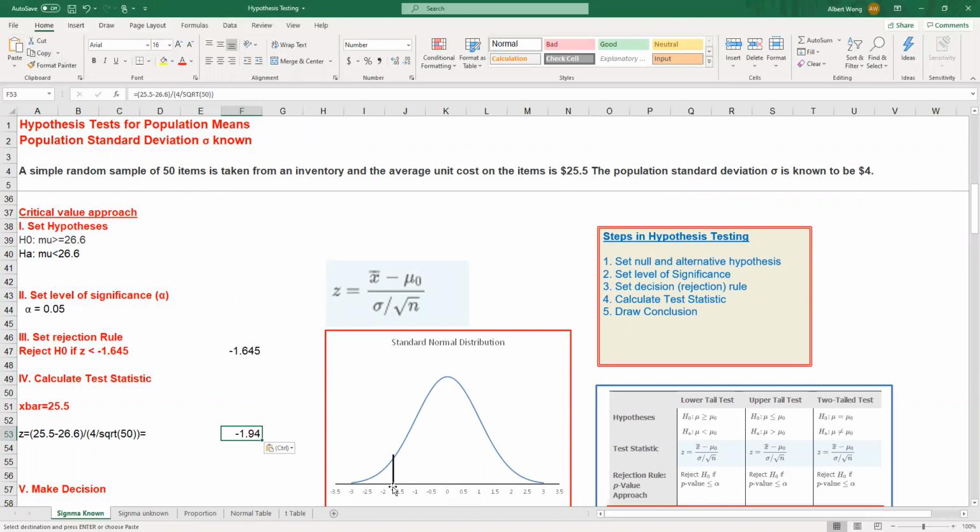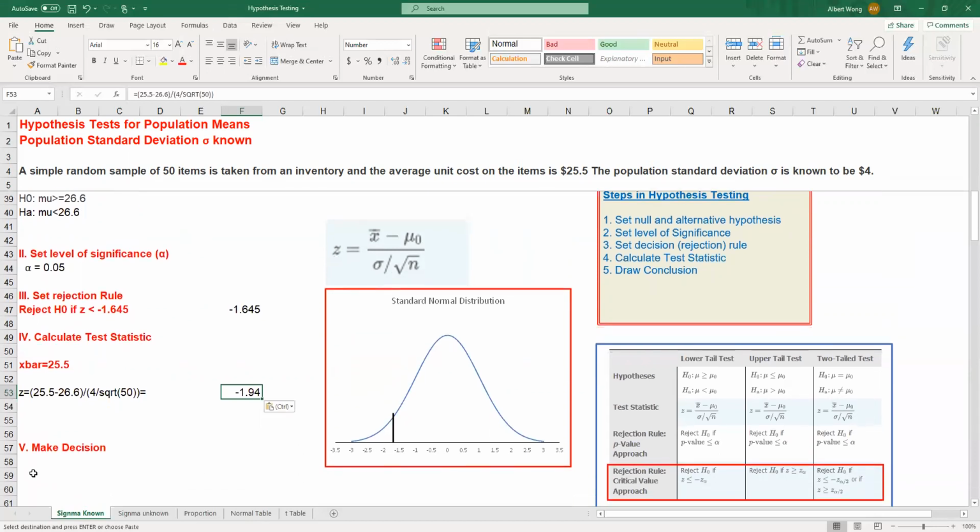Well, this is negative 1.645. Negative 1.94 is here. So negative 1.94 is in the rejection region, and therefore we reject, right? So you say since Z equal to negative 1.94, which is less than negative 1.645, therefore, we reject H0.